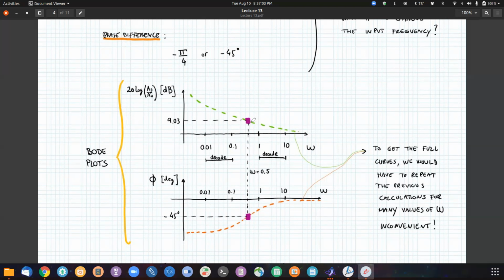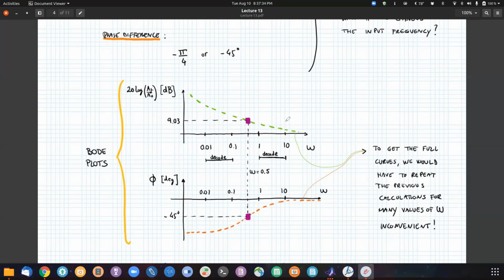You can see here that obtaining these Bode plots by repeating all the calculations for each frequency would be crazy. It's very inconvenient. It's the same concept that we saw for the root locus. Technically, you could find the root locus by changing the values of k and then computing the closed loop poles, and then change the value of k, recompute the closed loop poles.